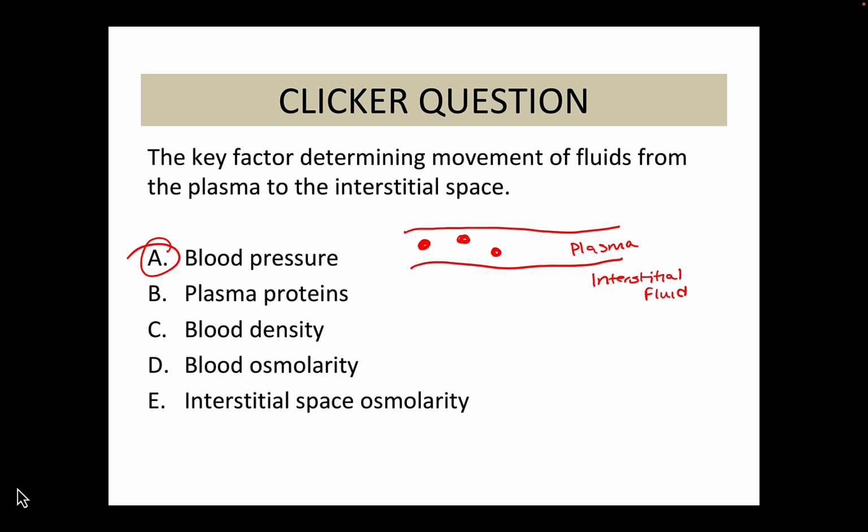Remember that these are exchanged by that bulk exchange process that is mostly determined by net pressures, the biggest one being our blood pressure, which forces fluids outwards into the interstitial fluid.